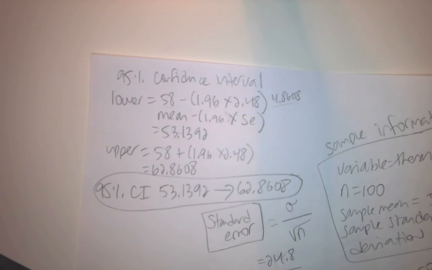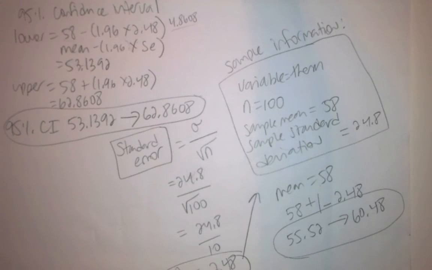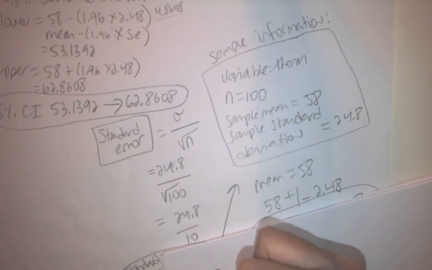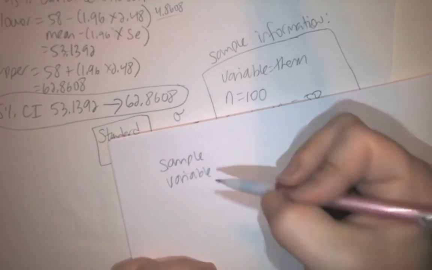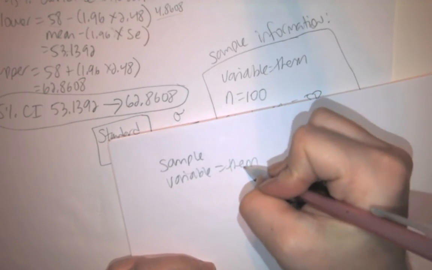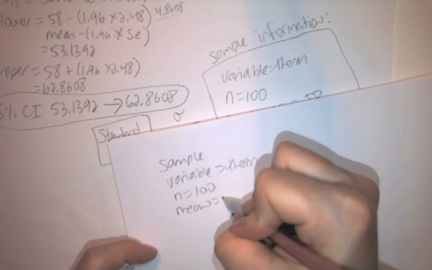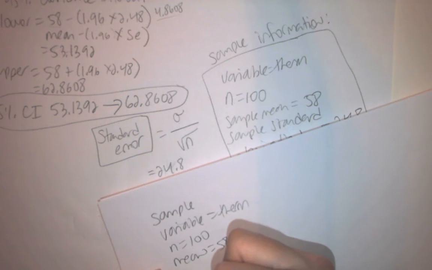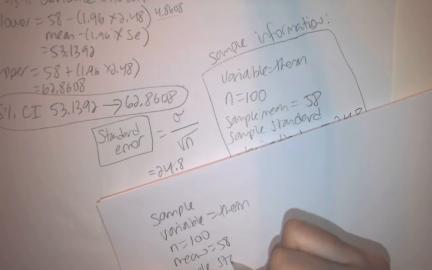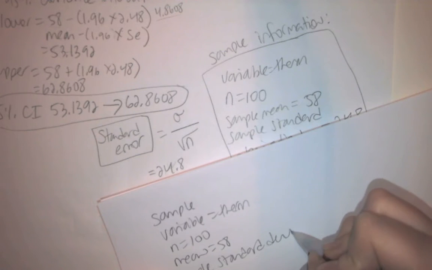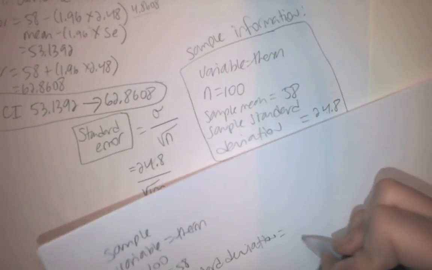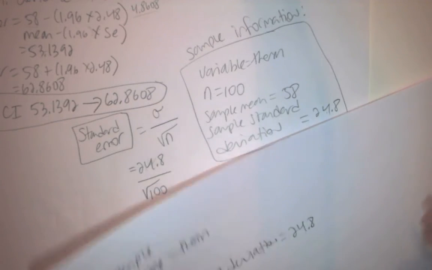So let me show you really quickly. I'll give you a sample problem. If we were working with the same sample, the variable is again the same thermometer variable. Our n equals 100, our mean equals 58, our sample standard deviation equals 24.8.